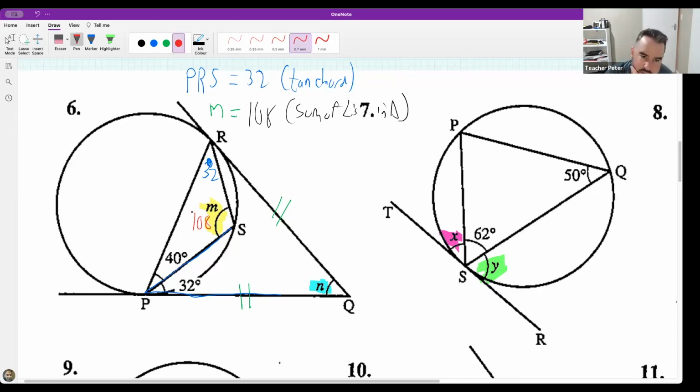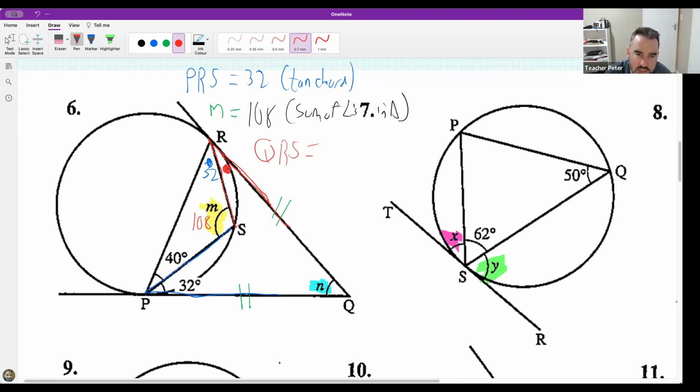So what else can we do? I am noticing that it would be super helpful to figure out what that angle is. Can anybody help me find QRS?